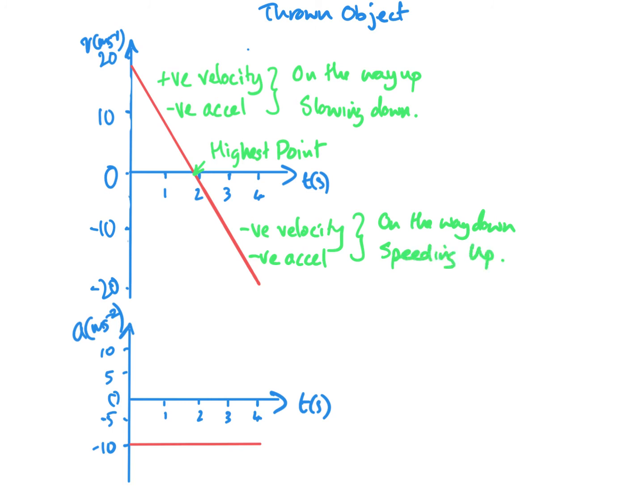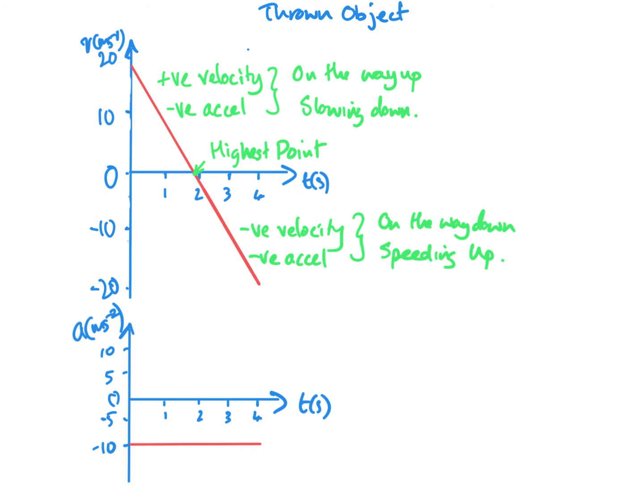So remember, at higher, we move away from the idea that negative accelerations always mean slowing down. You've got to look at the velocity and acceleration. If they've got the same sign, then the object will be speeding up. Opposite signs, it will be slowing down. In this case, it's speeding up in a negative direction, i.e. it's speeding up on the way down.